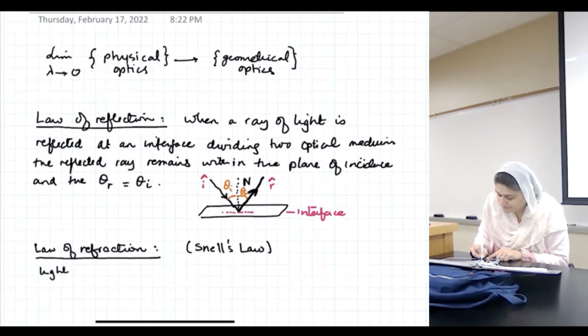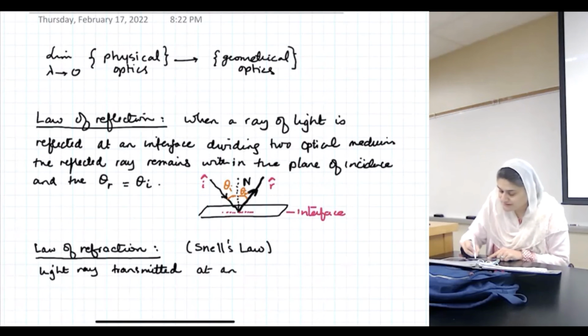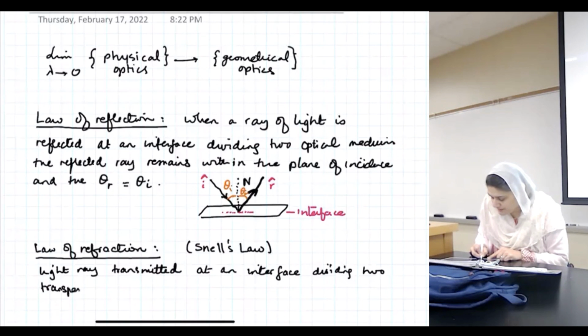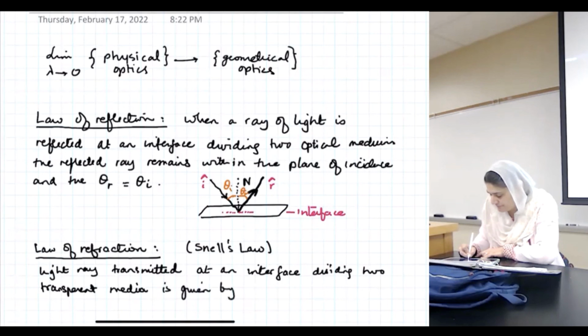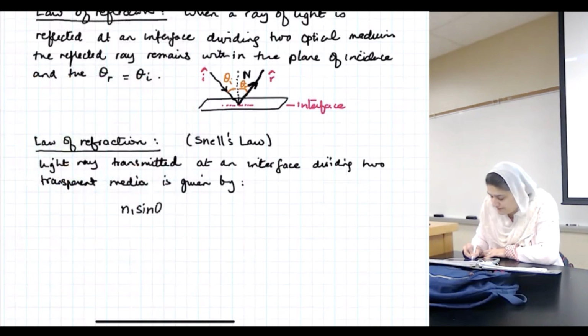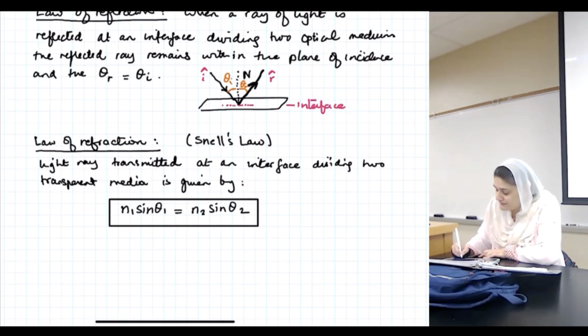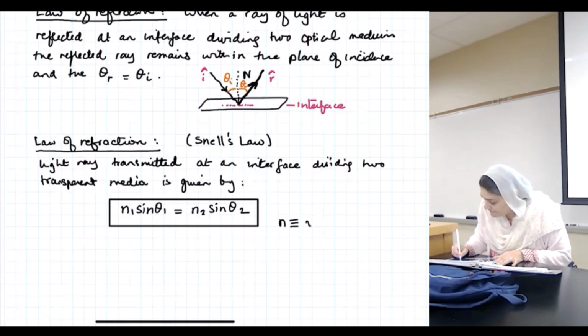A light ray transmitted at an interface dividing two transparent media is given by N1 sine theta 1 equals N2 sine theta 2, where N, we defined it as C over V, right?